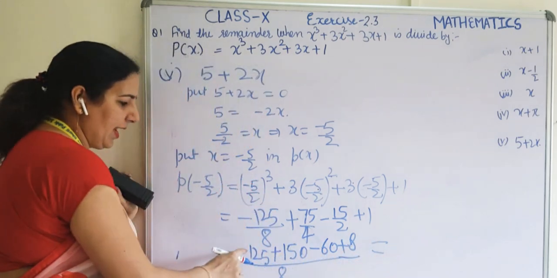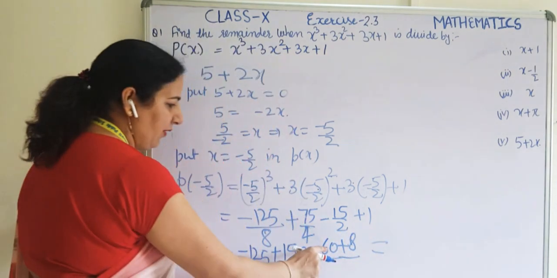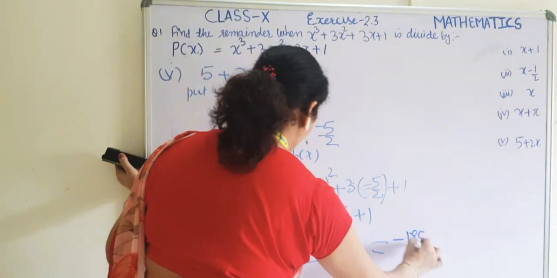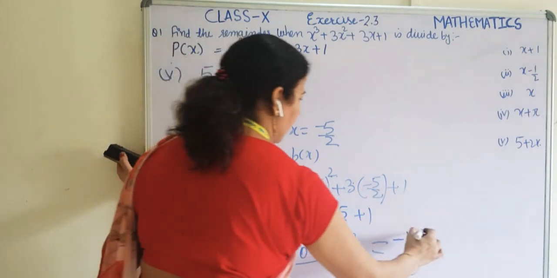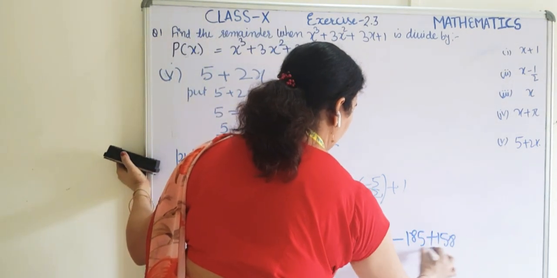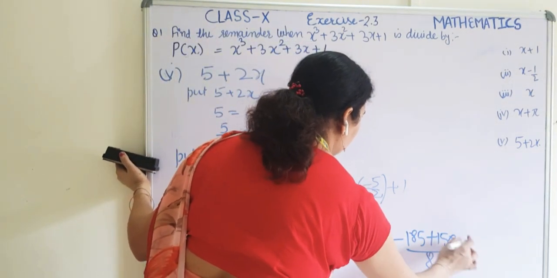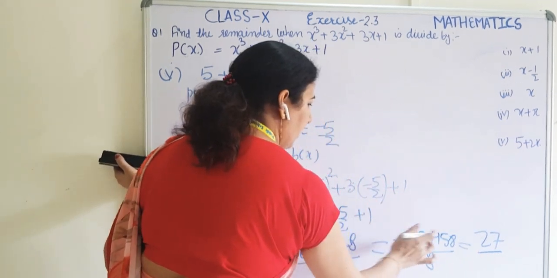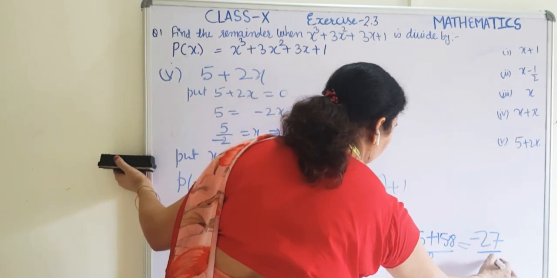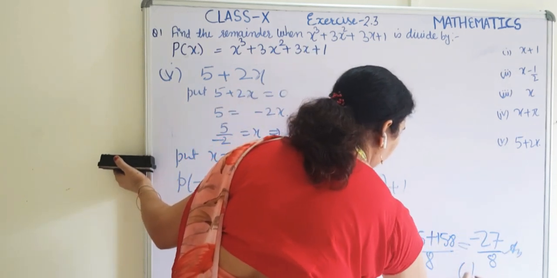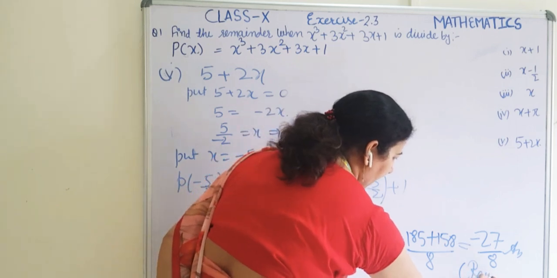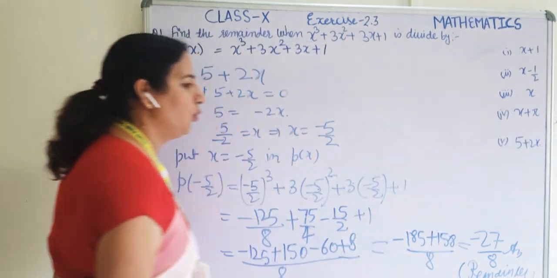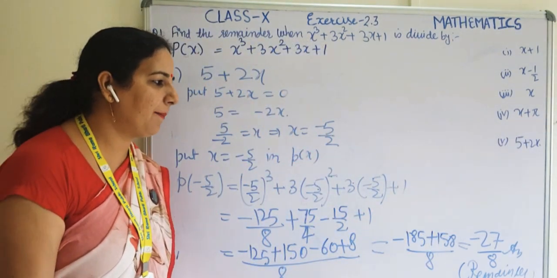First add the negatives: minus 125 minus 60, minus 185. 150 plus 8, plus 158 upon 8. When you subtract them, the answer is 27, but the bigger number has the minus sign. So minus 27 upon 8. This will be the remainder when you divide the polynomial by 5 plus 2x.